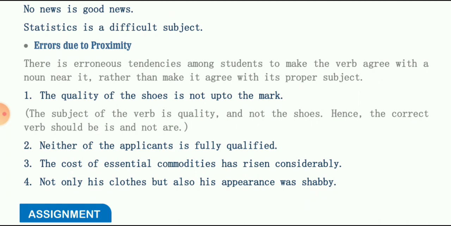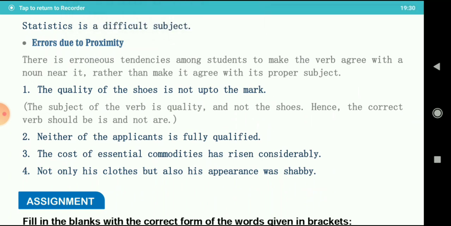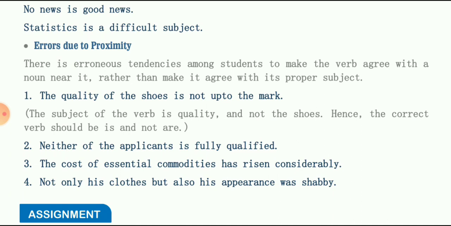Actually appearance is singular, that's why a singular verb will be used. So to understand this chapter we must know some rules on how to identify the subject from the sentence. If we are unable to identify the subject, then we can face some problems.